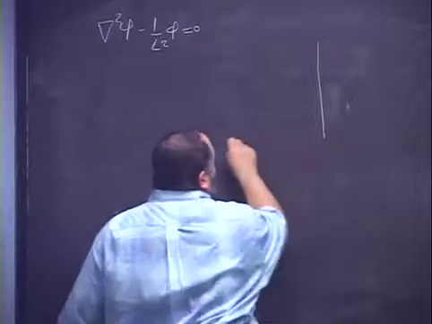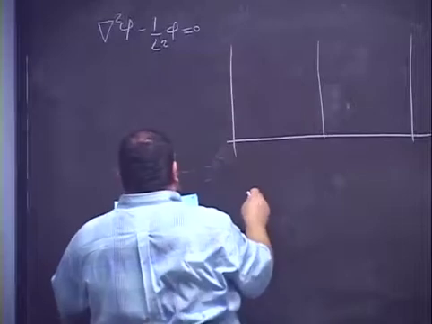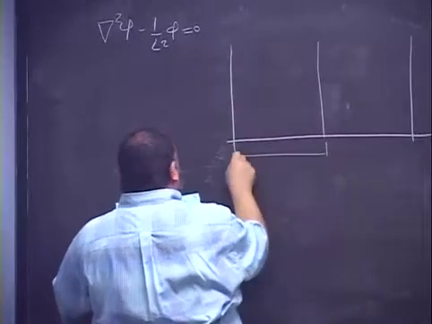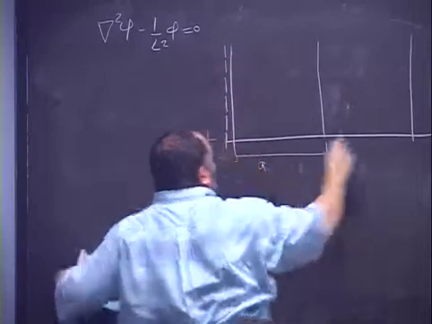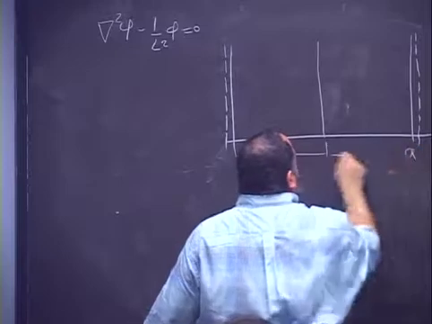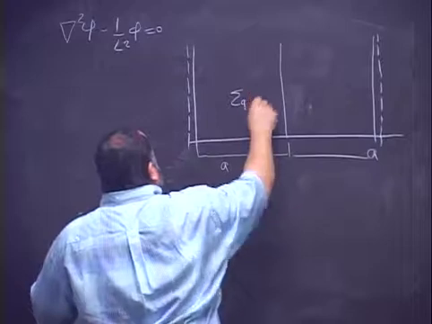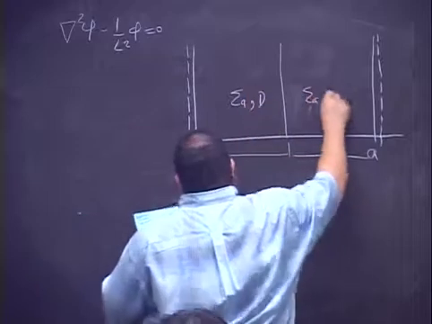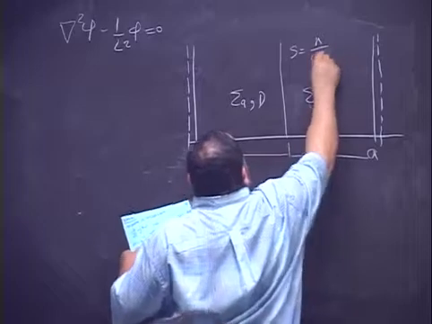Here is the planar source, and this is from 0 to A, but we have an extrapolated distance here and an extrapolated distance here. And this is A again. And you have sigma absorption, and you have a diffusion coefficient, and so on, and you have the source number per centimeter square.